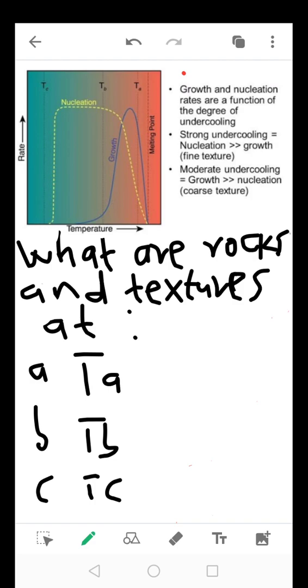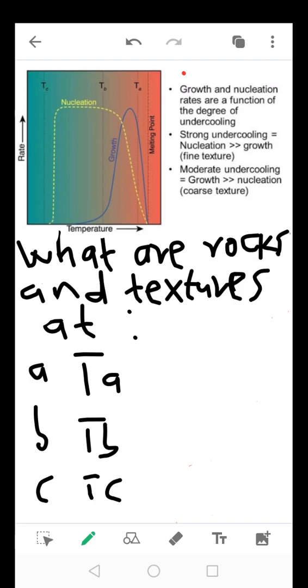But do not be confused by this. I will show you in the diagram, and then you will be able to unpack this nucleation on your own. So look at the temperatures TA, TB, and TC.